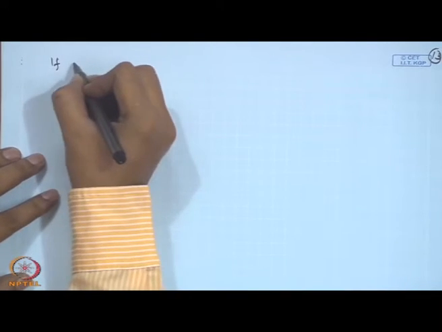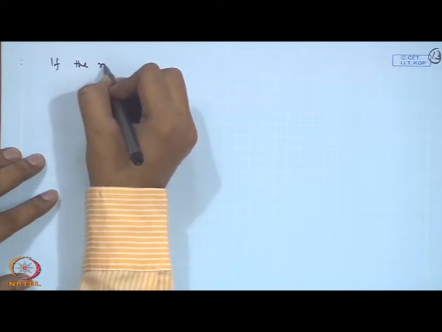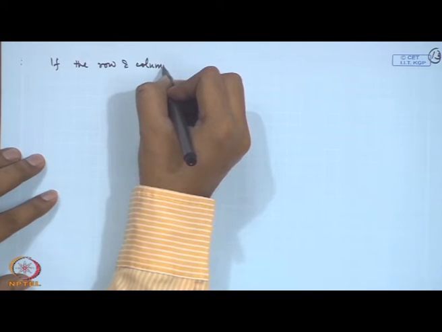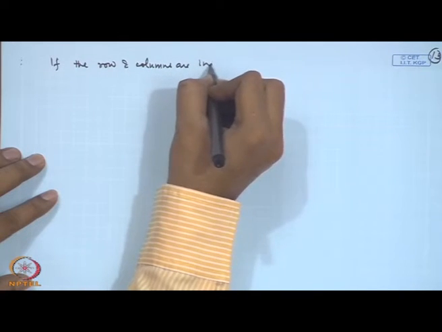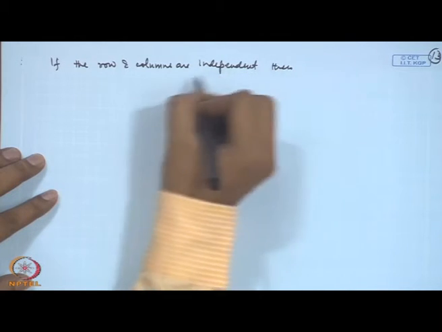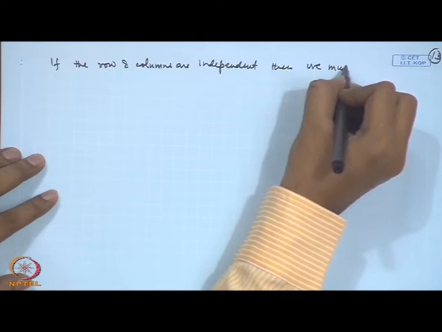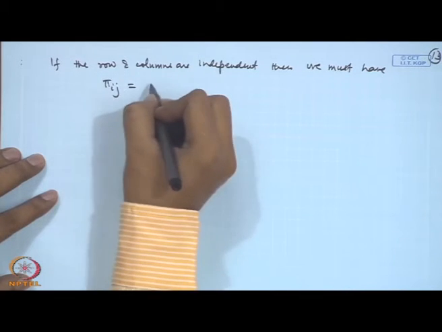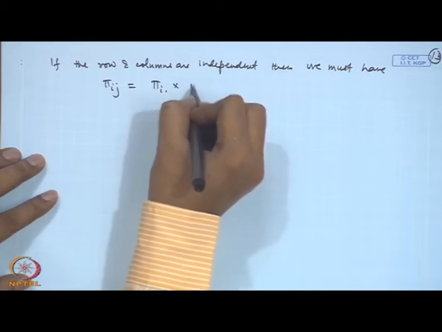If the rows and columns are independent, then we must have pi ij equal to pi i dot into pi dot j.